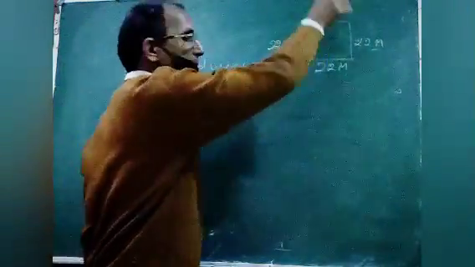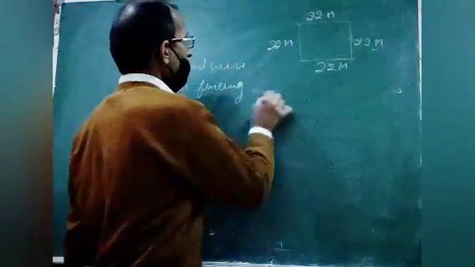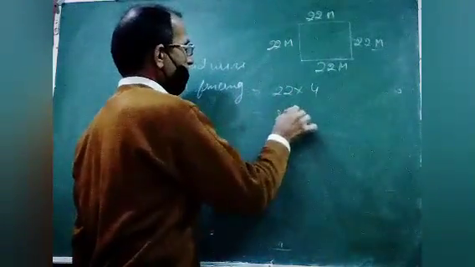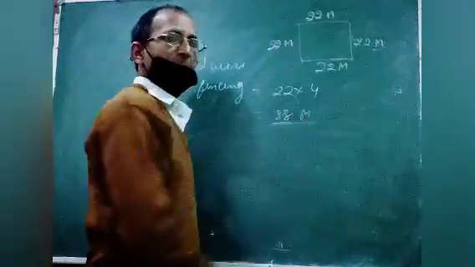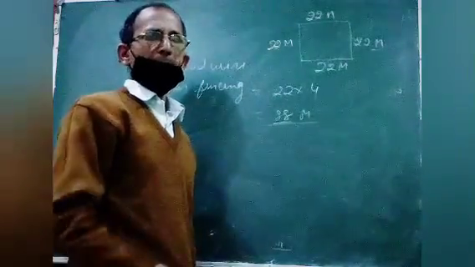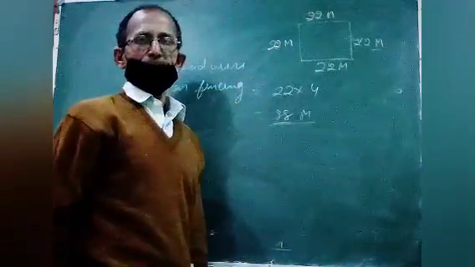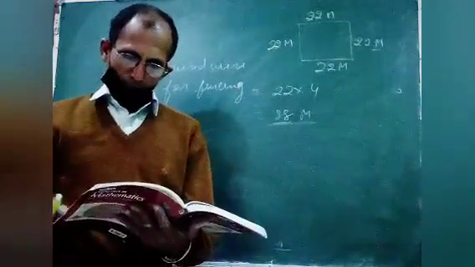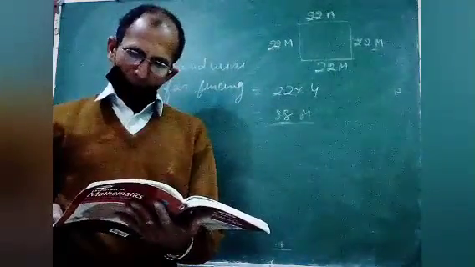It means we have to cover it for fencing. So 22 multiplied by 4. It means 88 meters. 88 meter long wire should cover it properly. Is it clear?